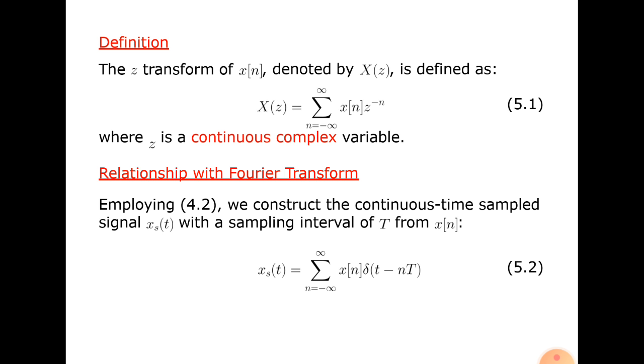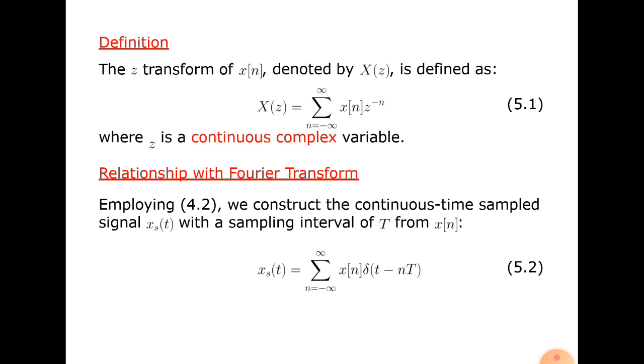A complex variable has a real and imaginary part, and a magnitude, that is root of a squared plus b squared, the real squared plus imaginary squared, and the phase angle, that is tan inverse of b by a, the imaginary term divided by the real term.